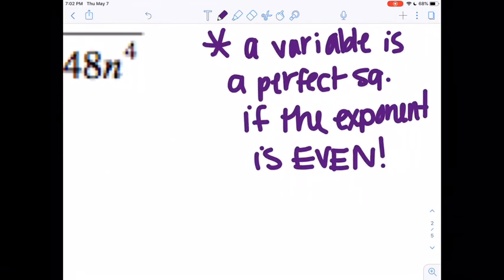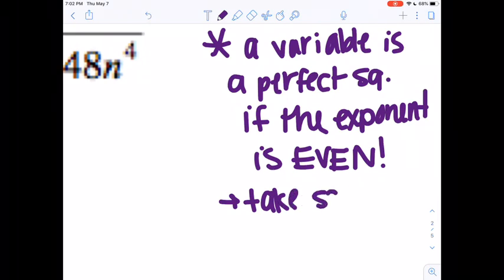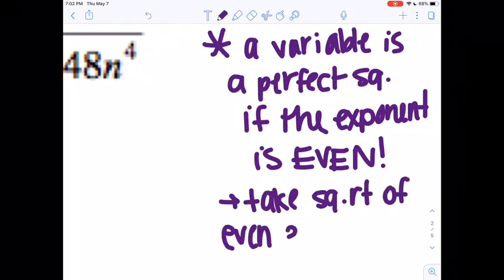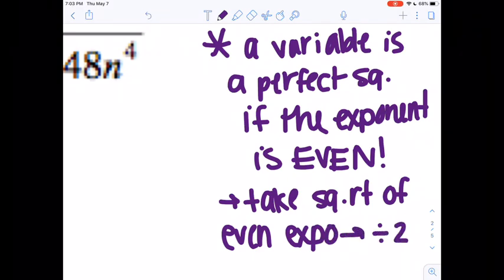And we've done this before. And to take the square root of an even exponent, you divide it by 2.